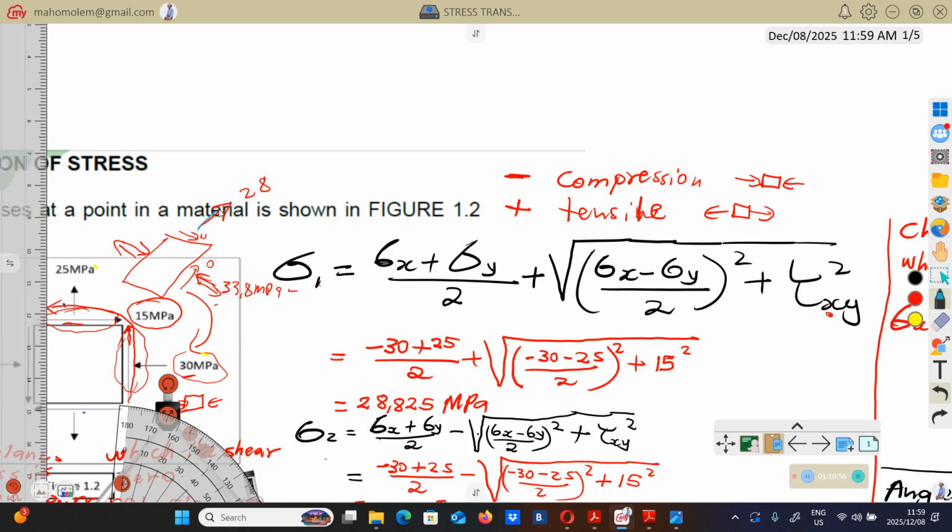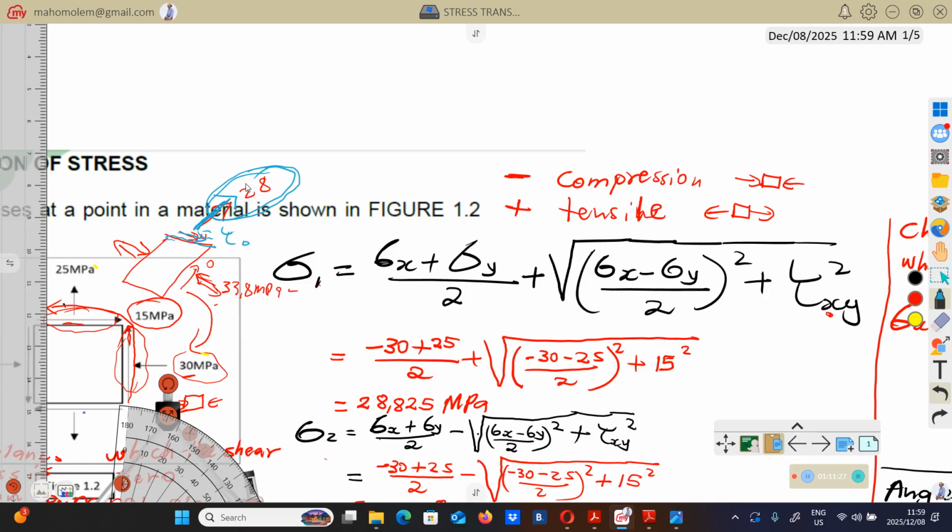So this one, if it's acting perpendicular to this, then it's normal stress. 28 is normal stress. But if shear stress is zero on this plane, it means that this stress is also principal stress.